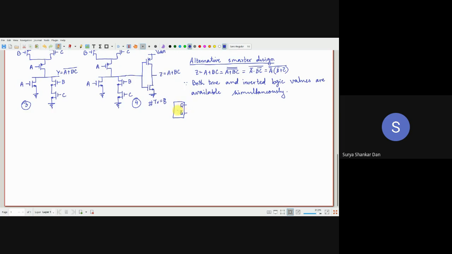So if this is the latch for A, Q will give you A, I mean Q bar will give you A bar. So similarly, you will always be having similar for the flops.